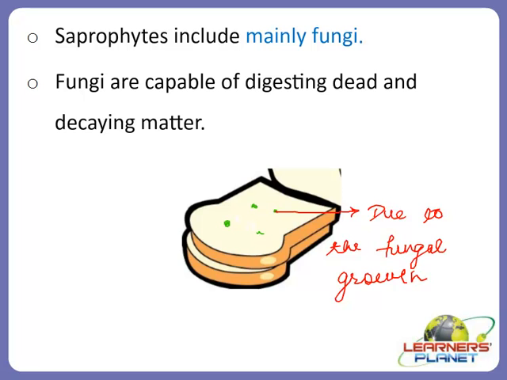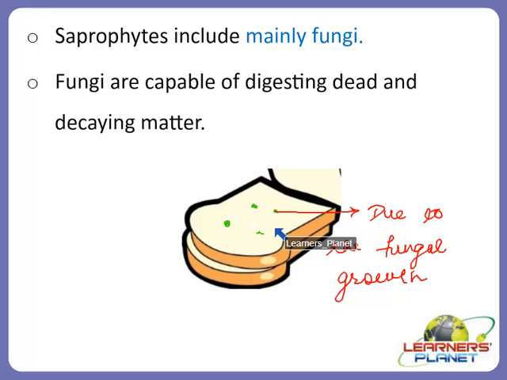So this growth takes place on the bread, and that is why we can prove that fungi grow on such things. How? They will digest the dead and decaying matter, because when we moisten the bread with the water and keep it in the closed box, what will happen? The bread will become stale.